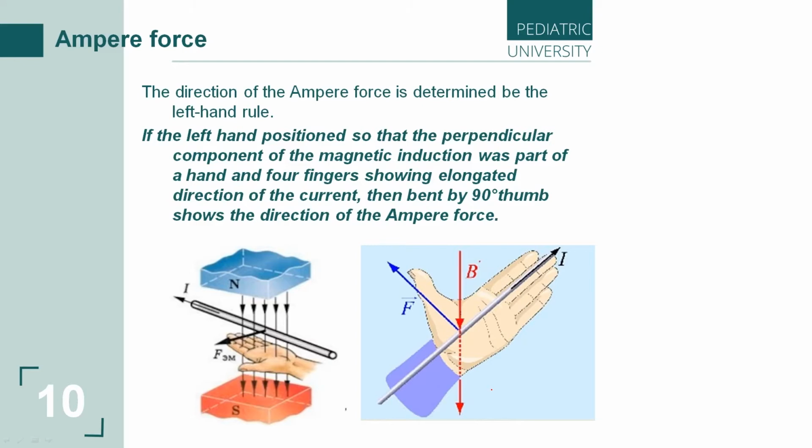Consider our pictures on the slide. If the left hand is positioned so that the perpendicular component of the magnetic induction enters the palm, and the four fingers show the direction of the current, then the thumb bent to 90 degrees shows the direction of the Ampere force.